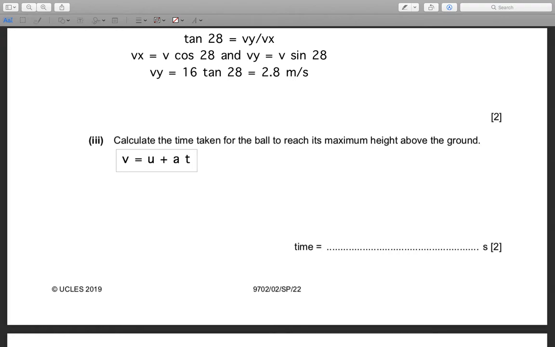So we get t equals v divided by a, because we need the time until the ball reaches the maximum height.